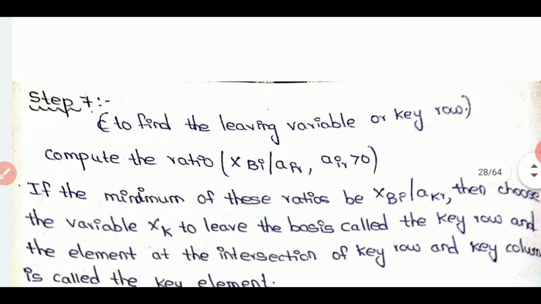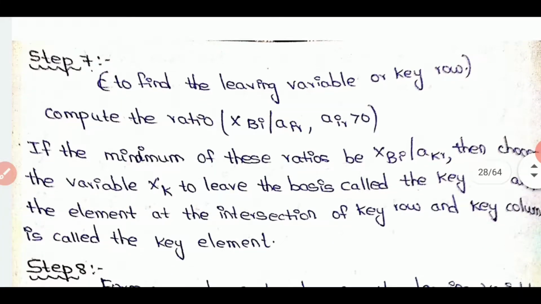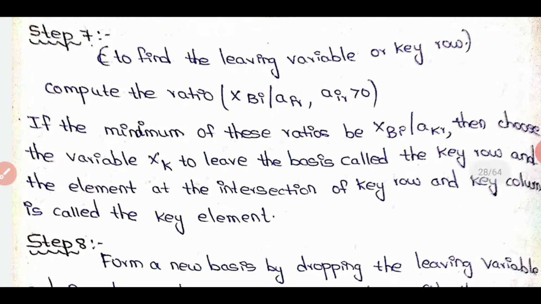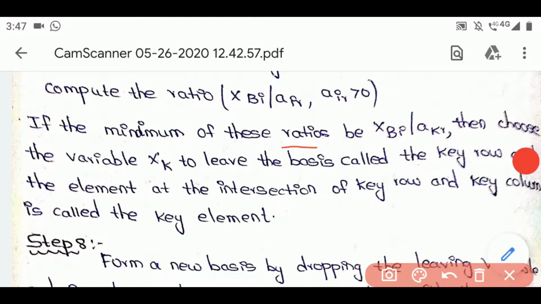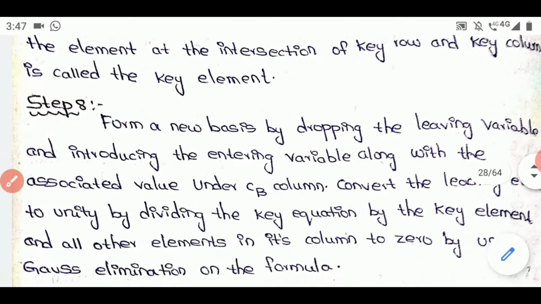Now in step 7, we will find out the leaving variable. How do we find the leaving variable? We will find out the ratios of xBi, meaning the solution, and akr, meaning the key element. The minimum ratio value will be the leaving variable. Now let's see step 8.